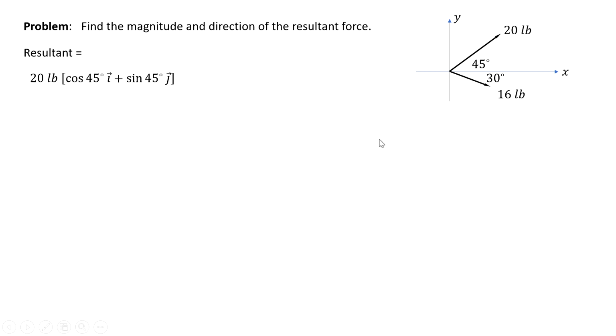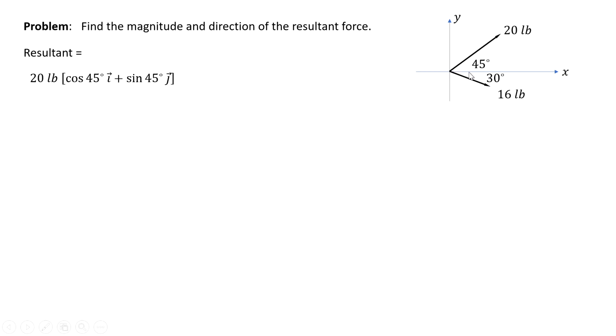That's the first vector. The other vector, similarly, 16 times cosine of negative 30. Yeah. When it comes to measuring these angles, should we call them positive 45 or negative 45? It all depends on the direction from the positive x-axis. Pay attention to this, please.